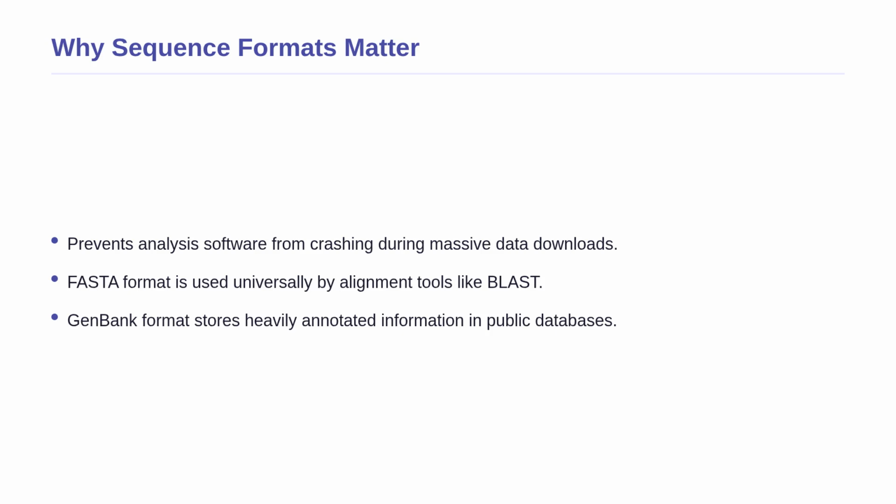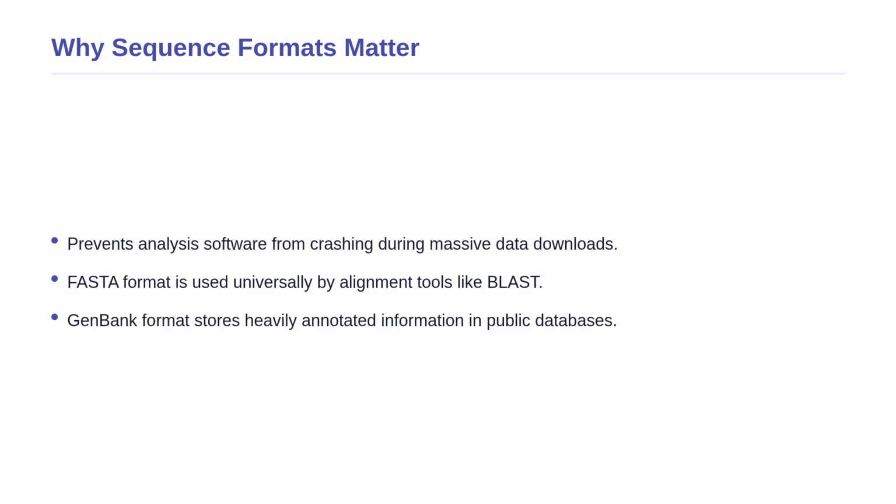This automatic separation brings us to why these specific file formats matter so much in real-world research. Imagine you are a researcher downloading 1,000,000 DNA sequences to find a genetic mutation linked to a rare disease. If the computer does not know exactly which line of text contains the DNA and which line contains the patient identifier, your analysis software will immediately crash.